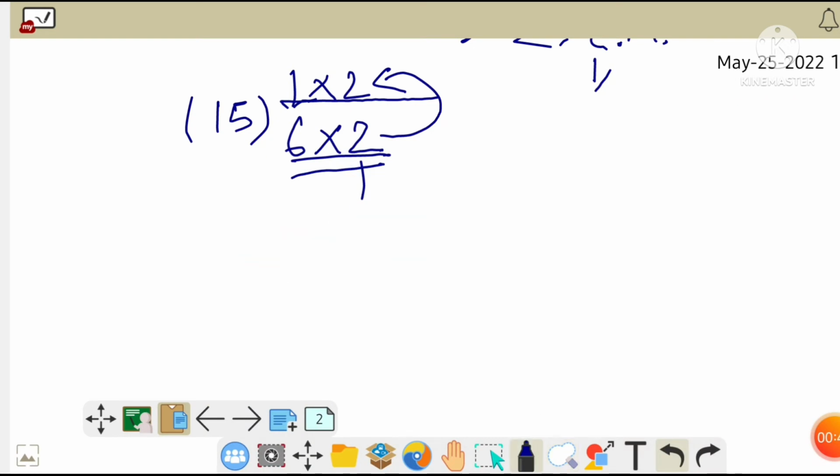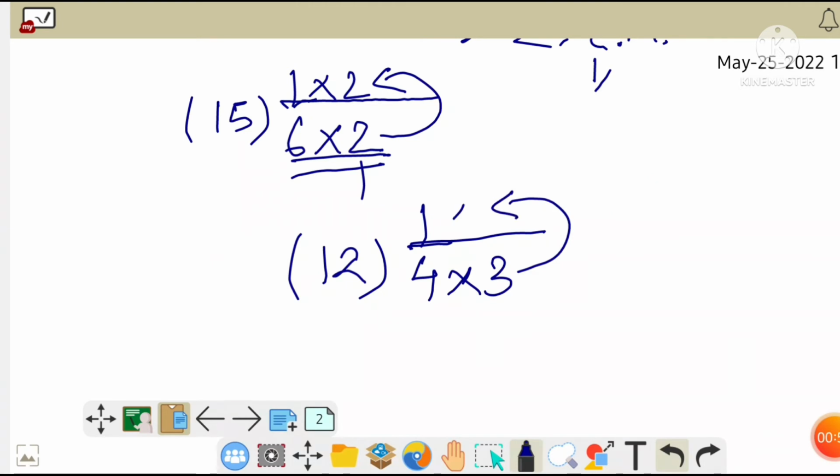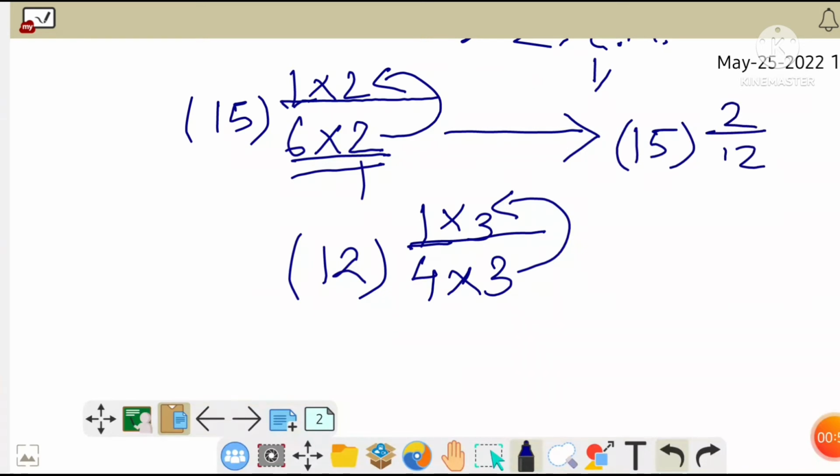And here, in the case of 12 to the power 1 by 4, denominator is 4, we'll multiply by 3, 4 threes are 12, and we'll multiply by the same number in the numerator. Here we got 15 to the power 2 by 12, and next 12 to the power 3 by 12.